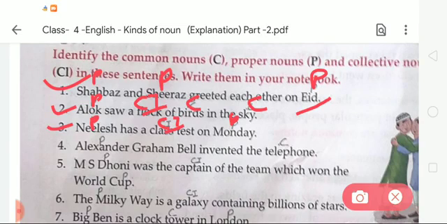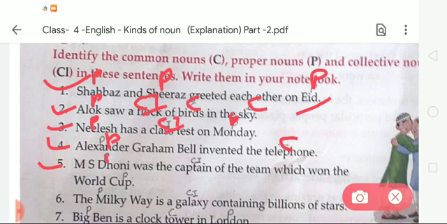Now the fourth: Alexander Graham Bell invented the telephone. Alexander Graham Bell was the name of a particular person, so it's an example of a proper noun and we write P here. After that, telephone is a common noun, so we write C here. Now number 5: MS Dhoni was the captain of the team which won the World Cup.